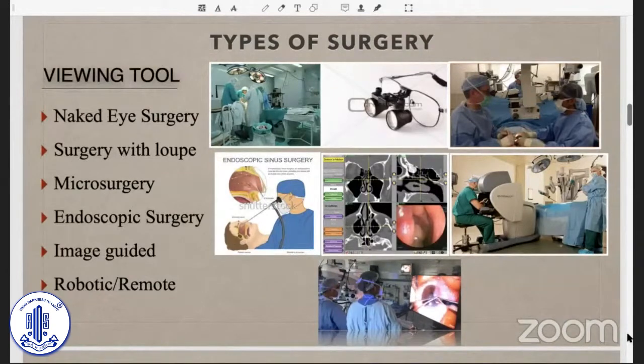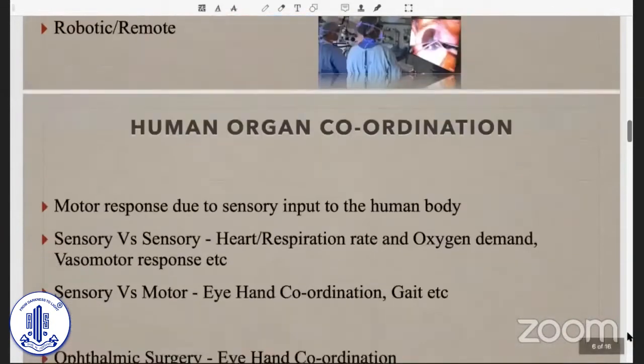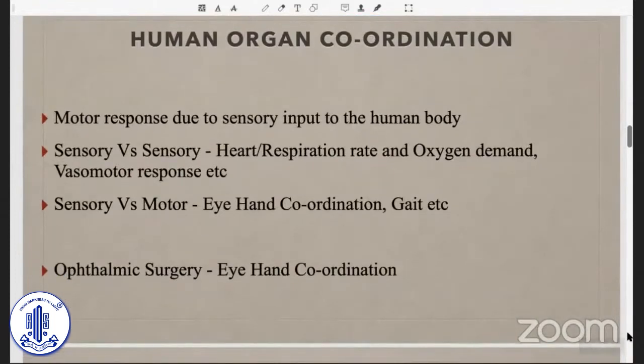If you see the image and then do the surgery, that is called image guided surgery. Our 3D Ingenuity comes under image guided surgery because we are not directly visualizing it. If that is done by a robot, it is called robotic surgery. So we are in the 3D image guided and the robotic, and robotic can be with the LenSx.